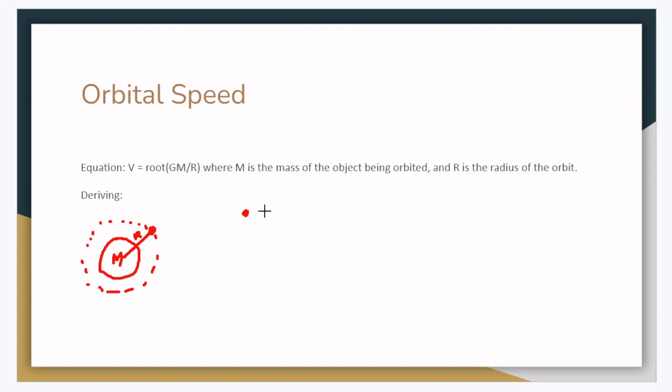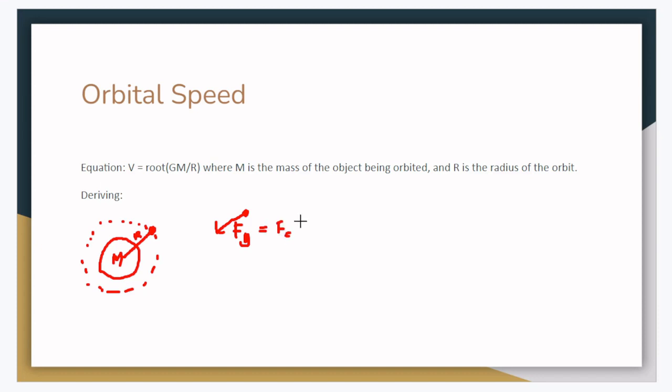The force of gravity pulls this way, and that's the only force acting on the object. This seems a bit familiar, doesn't it? It's in a circular orbit, and there's a force acting toward the center of rotation. What is that force called? That's the centripetal force.